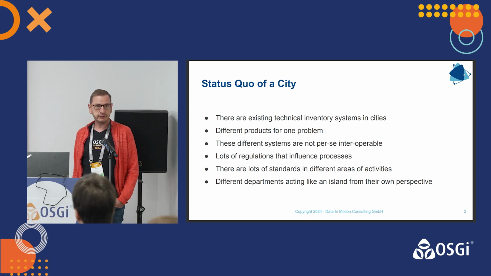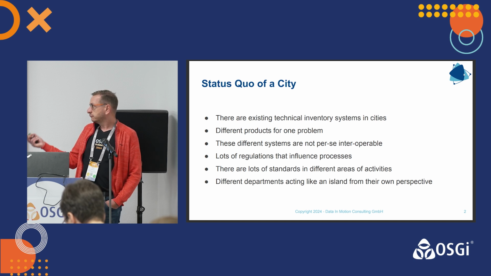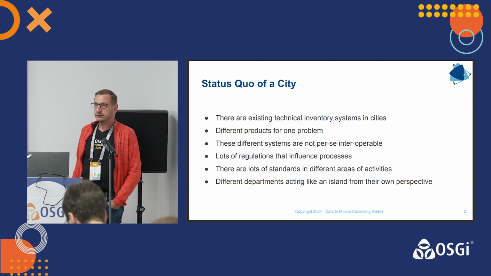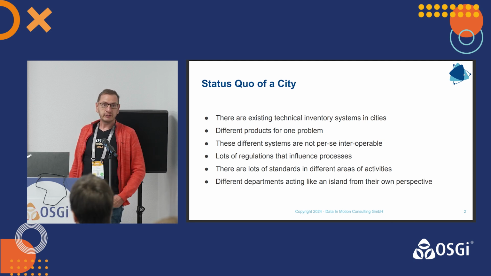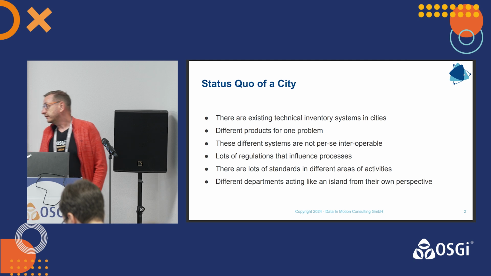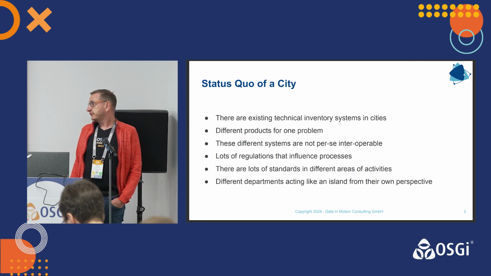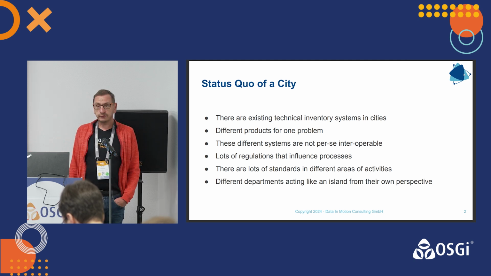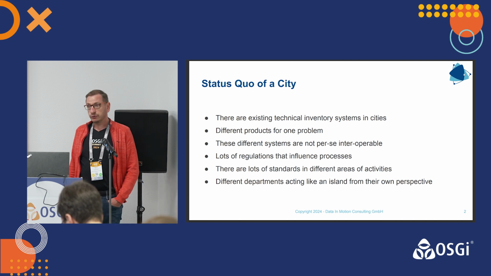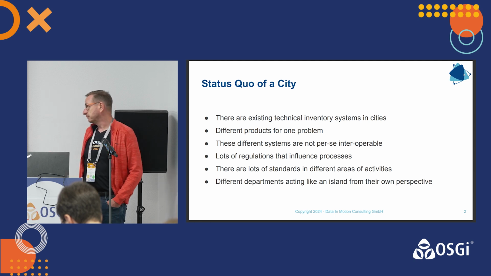And it might be possible that for the same problem we have many solutions, many providers, many software systems that solve it, for instance when it comes to sensors in the city or traffic light controllers or something like that. One issue is that most of the time the different systems are not interoperable per se. They might work together, but most of the time they do not.